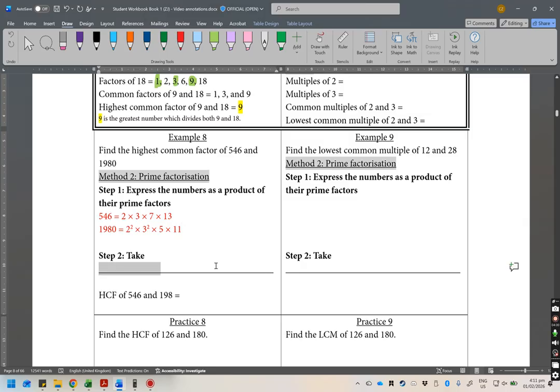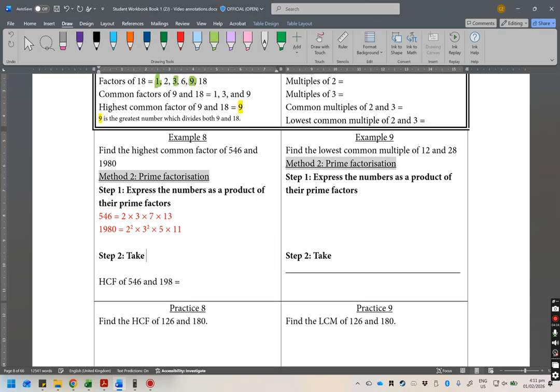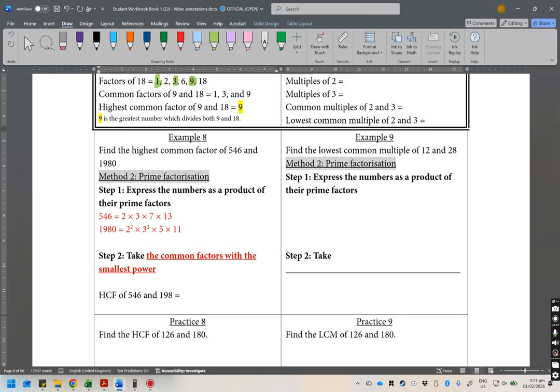So for step 2, what we want to do is take the common factors with the smallest power.